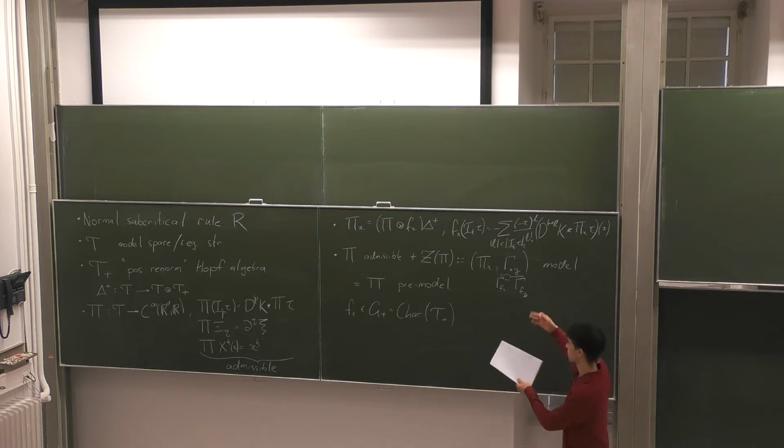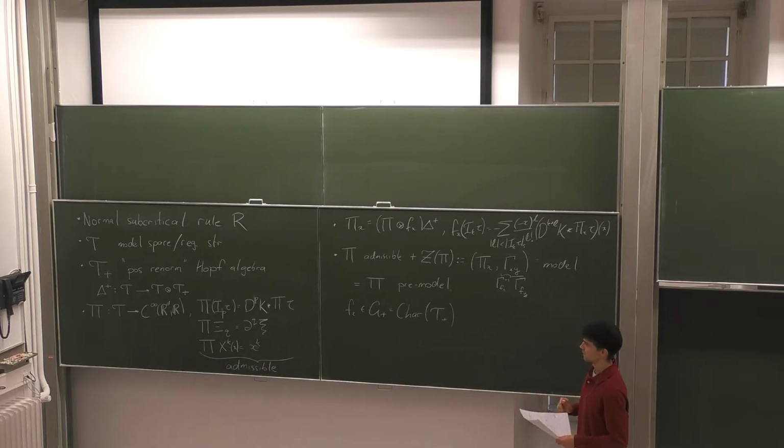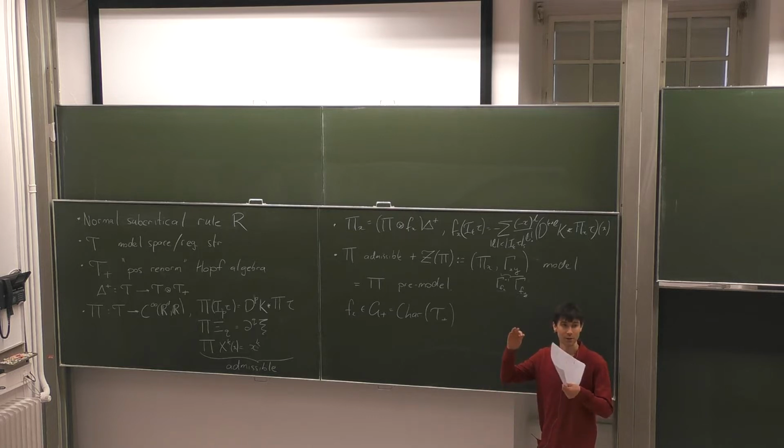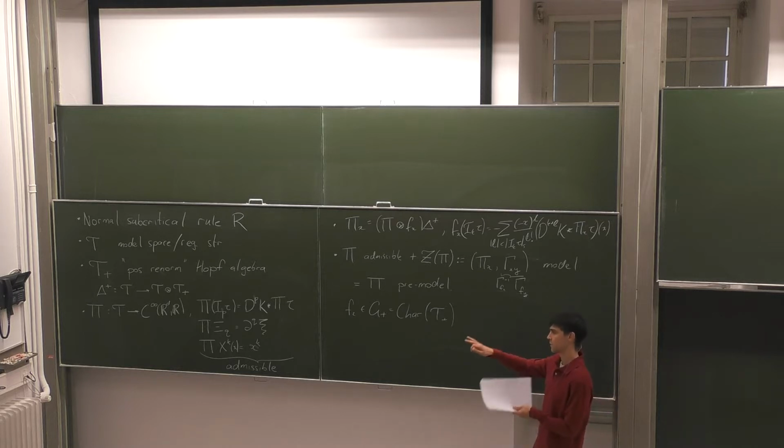I haven't talked about the topology in the space of models, but there's a perfectly well-defined one. In multidimensional situations, the case is usually different, and the canonical lifts typically fail to converge. So this is perhaps where we deviate the most from rough path theory.